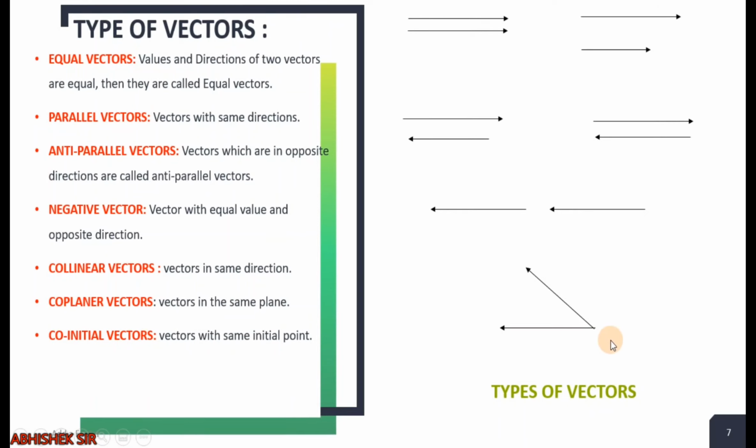And lastly, co-initial vectors, vectors with same initial point. So over here you can see there are two vectors whose point of origin is common, so they are called co-initial vectors, right? So in the next videos we will continue with the types of vectors, as we still have few types of vectors left.